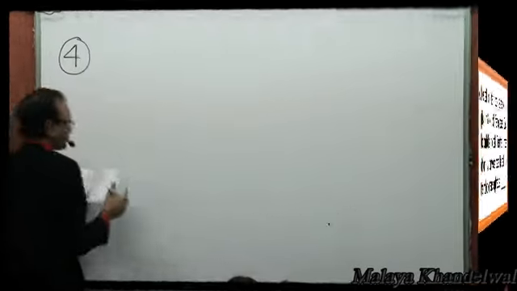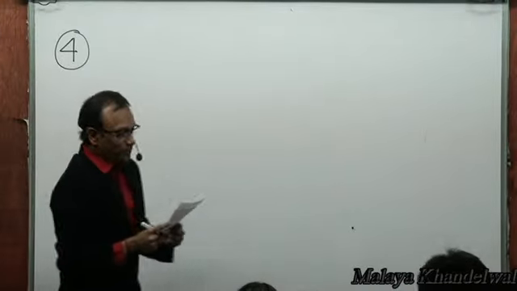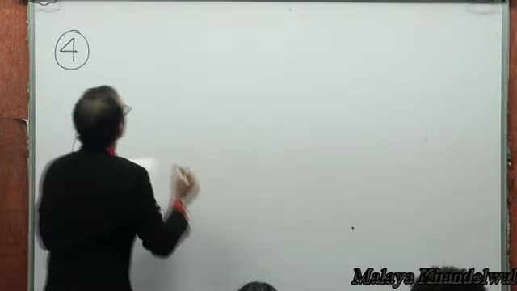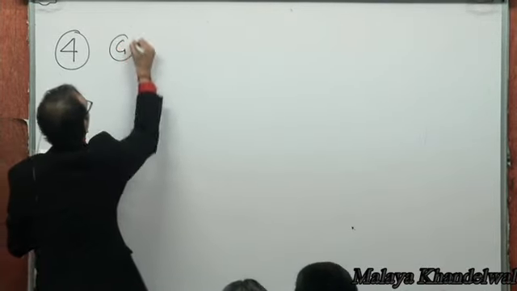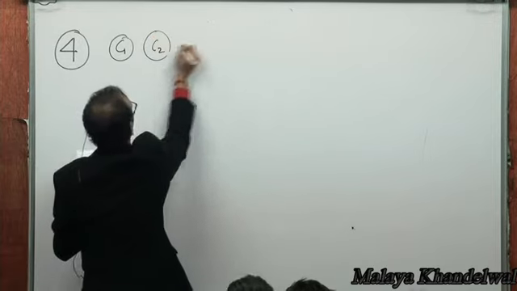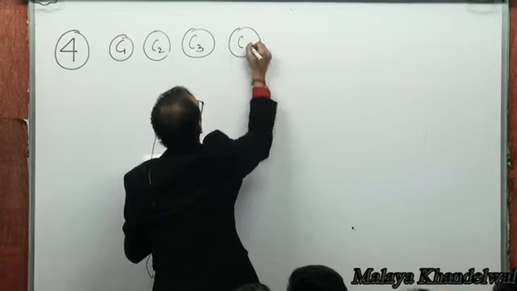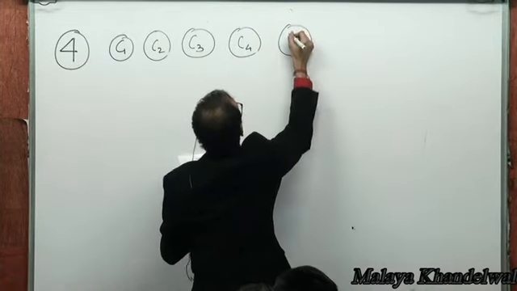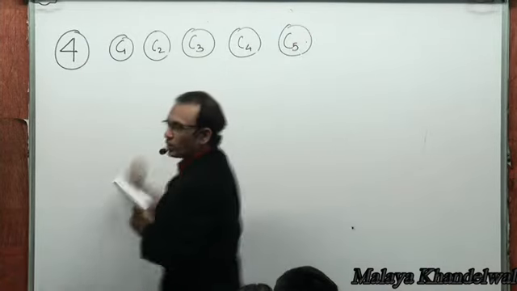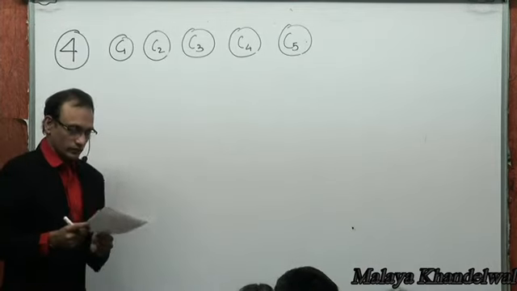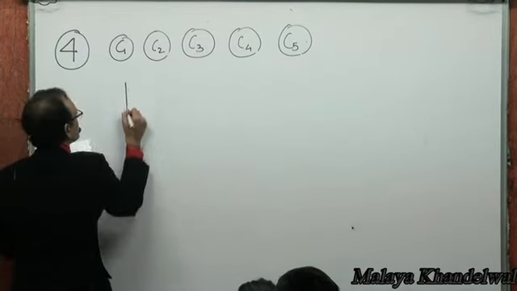4. 5 balls of different colors. These are 5 balls of different colors. And there are 3 different boxes.